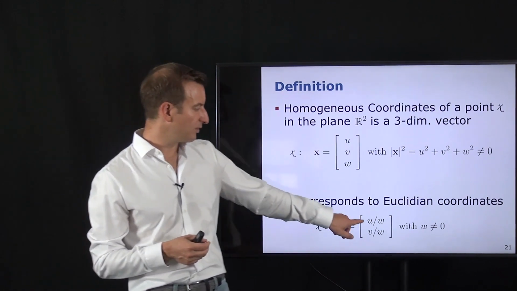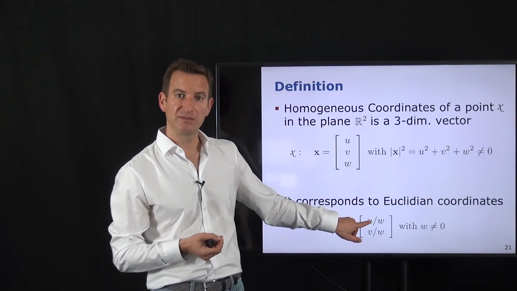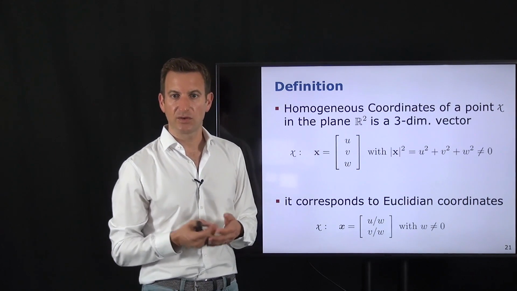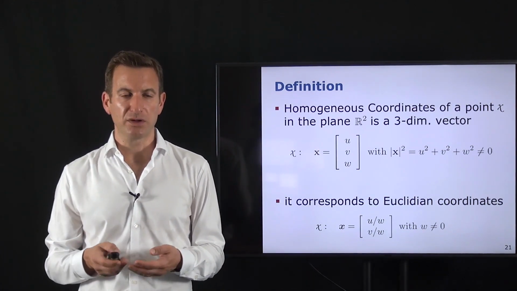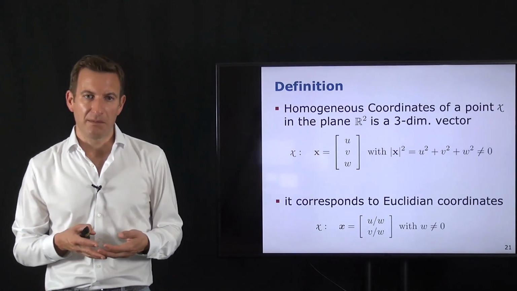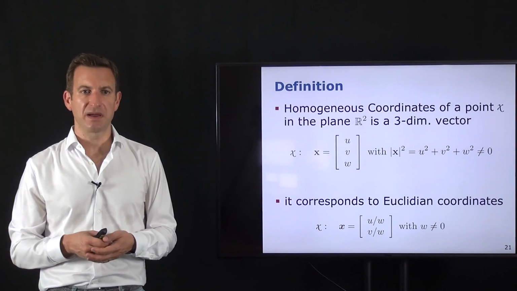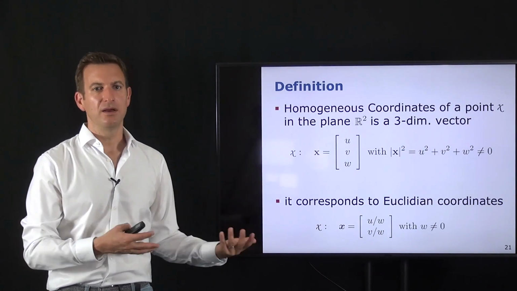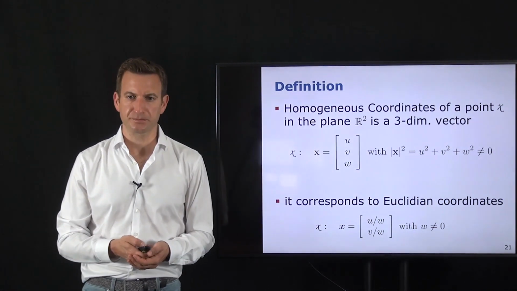So this then turns into u divided by w, which, if you remember, u was x times w, so x times w divided by w is equal to x. So I get back my original point in my Euclidean world. Even if I'm in the homogeneous world, scaled with an arbitrary factor, through this division by the last coordinate I'm taking this scale factor out again, returning back to our Euclidean world.